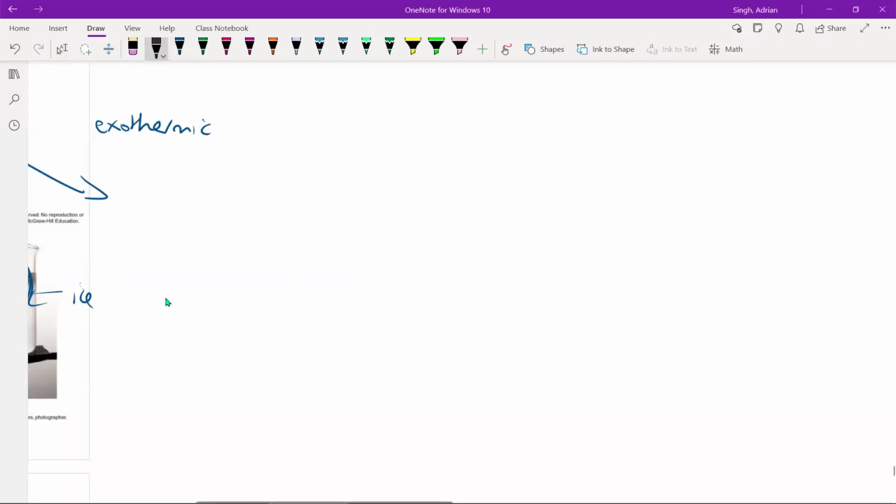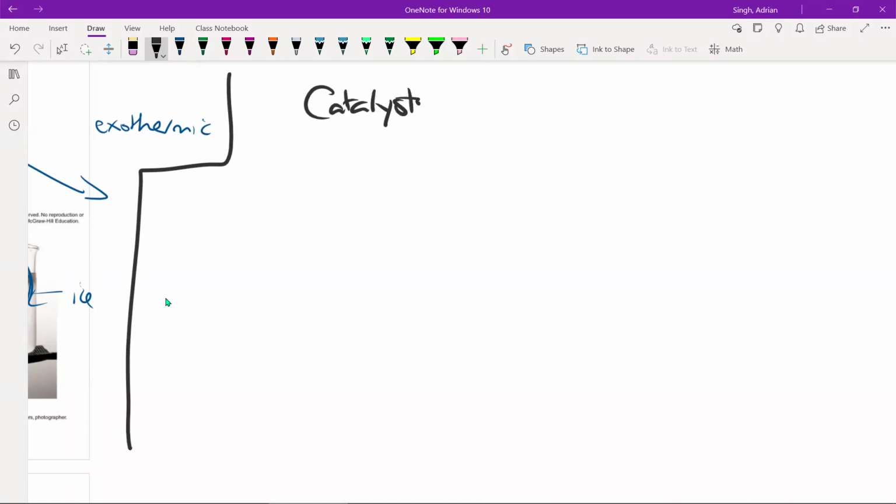All right, and then the last thing we'll just address really quickly here is the use or the presence of catalysts. Okay, so we saw catalysts back in the chemical kinetics section, and we saw that catalysts are things that speed up the rate of a reaction, or increase the rate of a reaction.